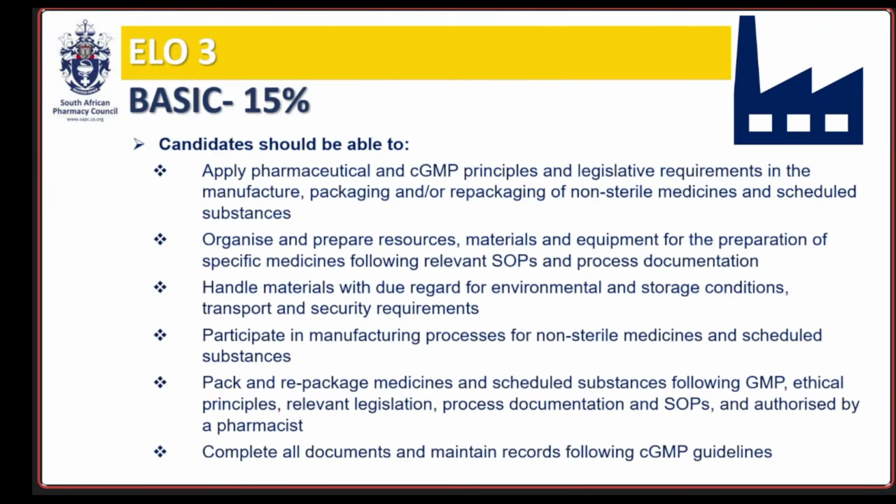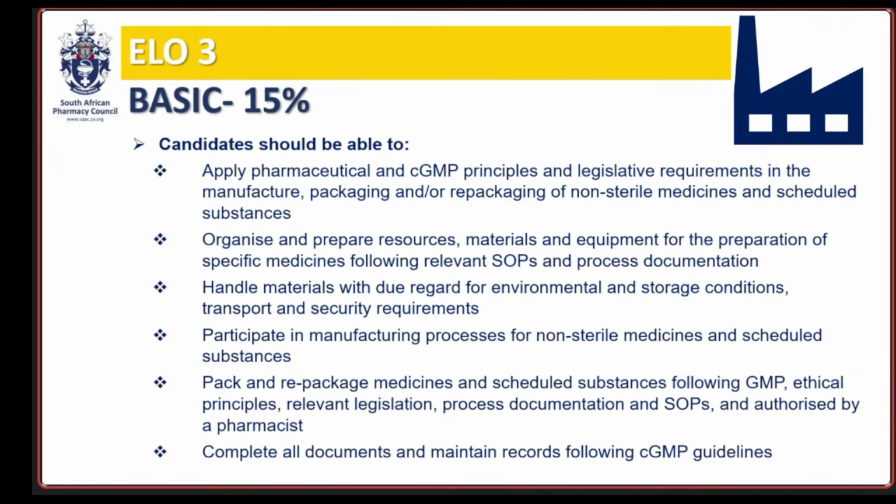ELO 3 counts for 15% of your paper, and candidates must be able to apply pharmaceutical and current GMP principles and legislative requirements in the manufacture, packaging, and or repackaging of non-sterile medicines and scheduled substances. Organize and prepare resources, materials, and equipment for the preparation of specific medicines following relevant SOPs and process documentation.